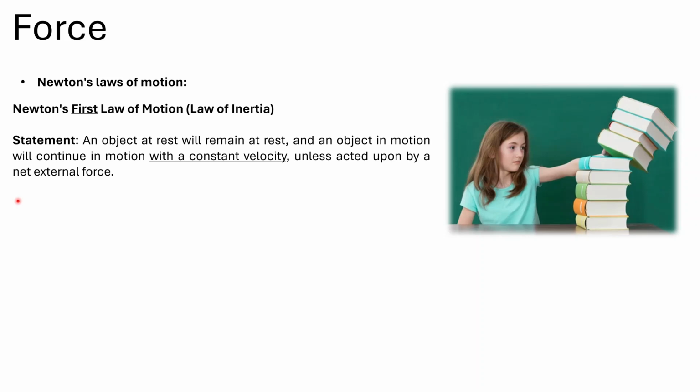So this law emphasizes the concept of inertia, which is the tendency of an object to resist changes in its state of motion. An object will not change its motion unless a force is applied to it. Example: a book on a table will stay at rest until someone pushes it.